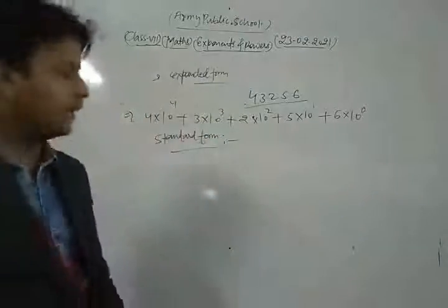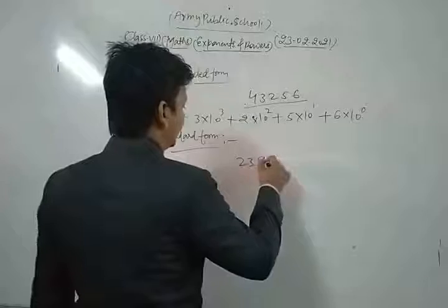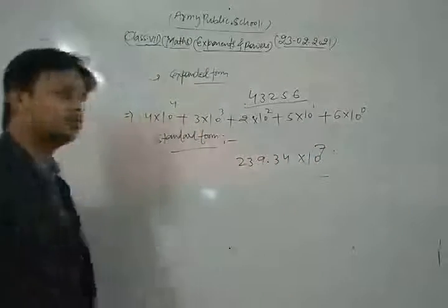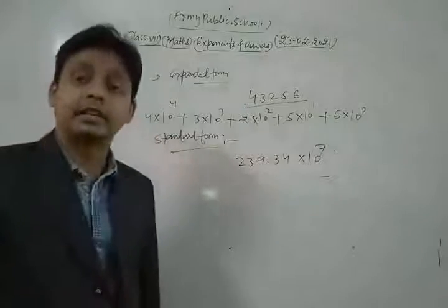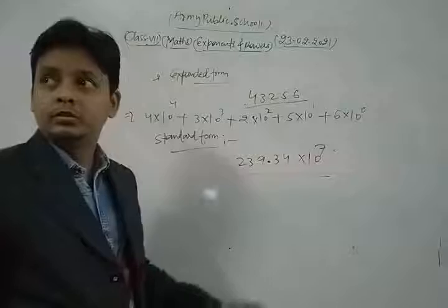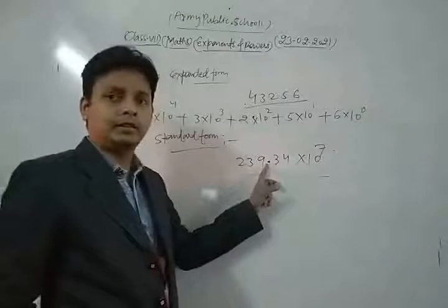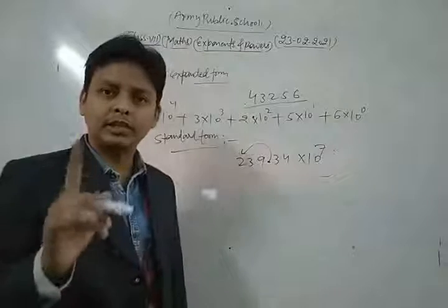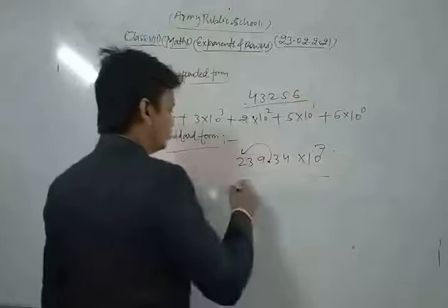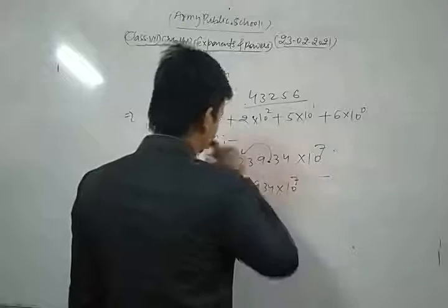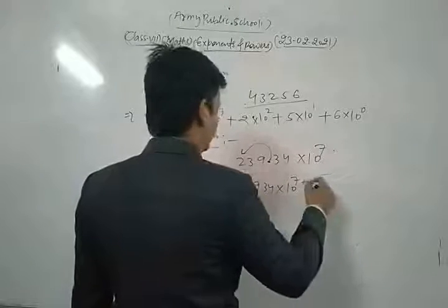Suppose we have 239.364 into 10 to power 7 and we write the given number in standard form. Then we move the decimal, because in standard form there is only one digit on the left side of the decimal. So 2.39364 into 10 to power 7 plus 2.